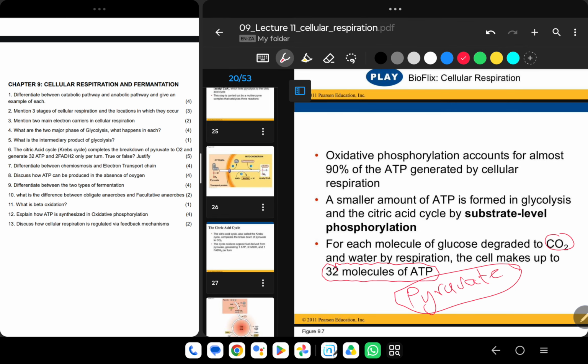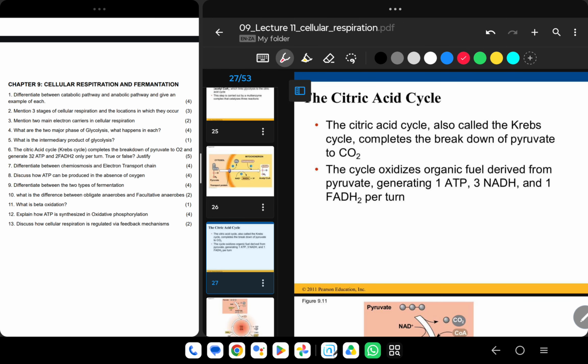Why? Because the citric acid cycle oxidizes the pyruvate derived from glucose, and the pyruvates get broken down to carbon dioxide, not oxygen.